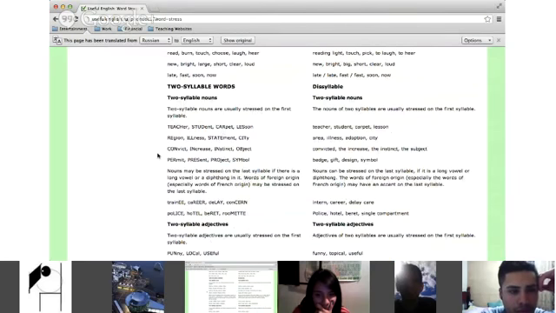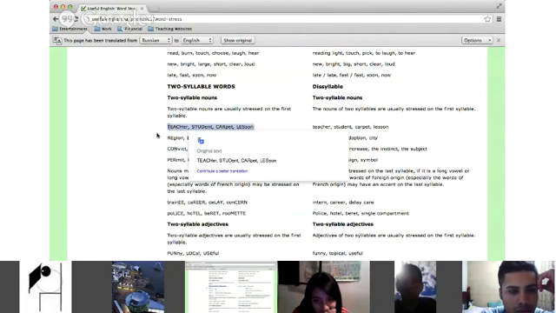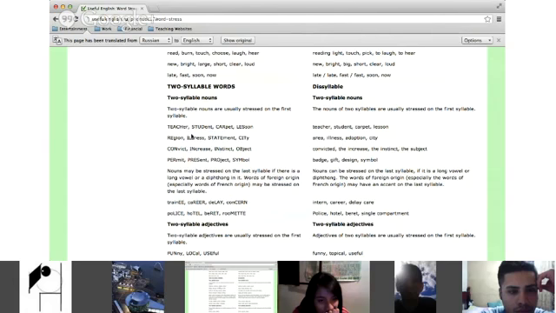Two-syllable nouns are usually stressed on the first syllable. Teacher, student, carpet, lesson, region, illness, statement, city, convict, increase, instinct, object, permit, present, project, symbol.